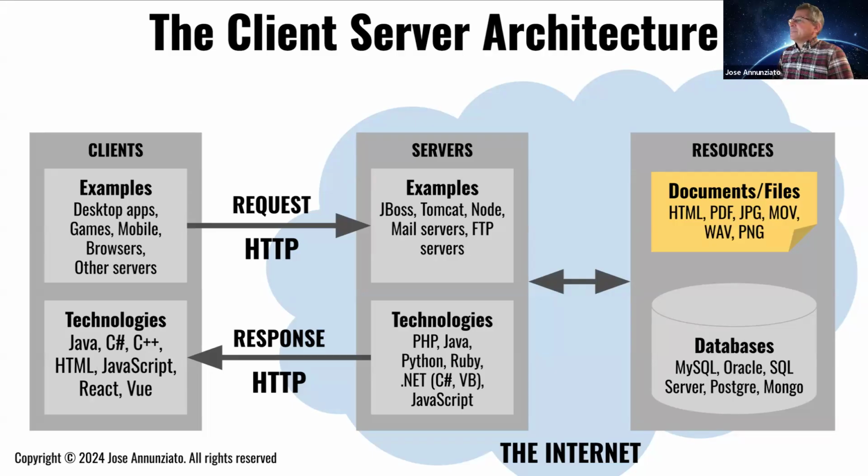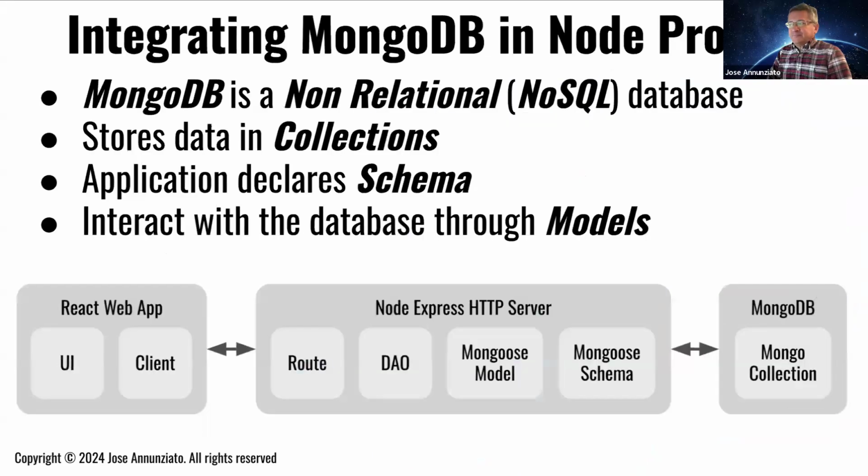So we're going to be using MongoDB. MongoDB is a non-relational database. For the most part, if you've taken a database course, most likely you have been introduced to relational databases, where you break up your data in terms of multiple tables.